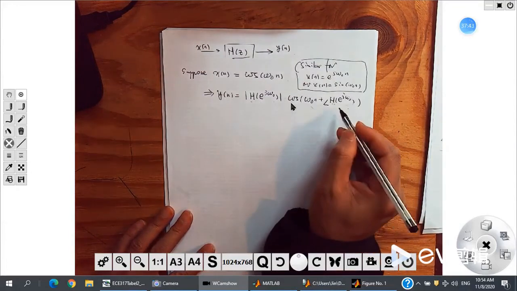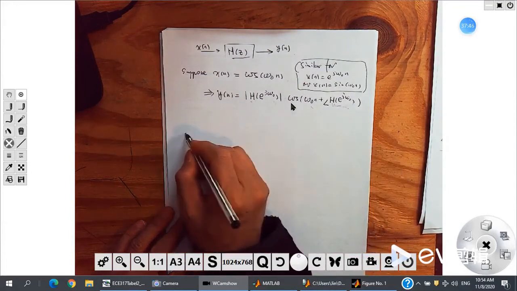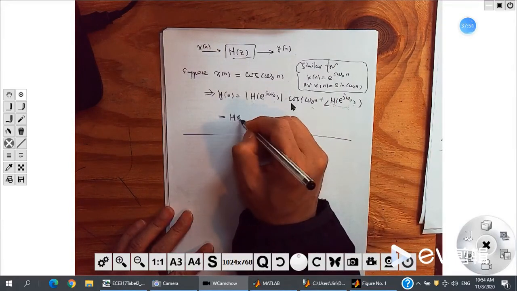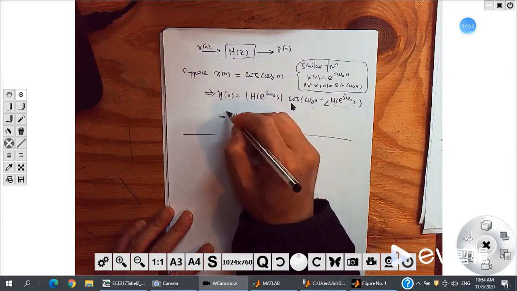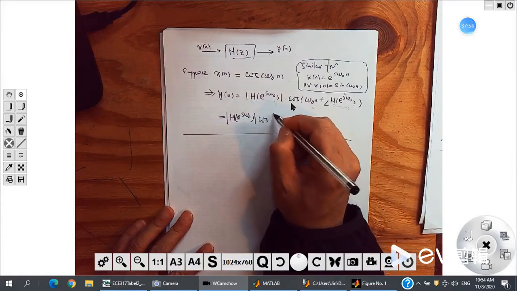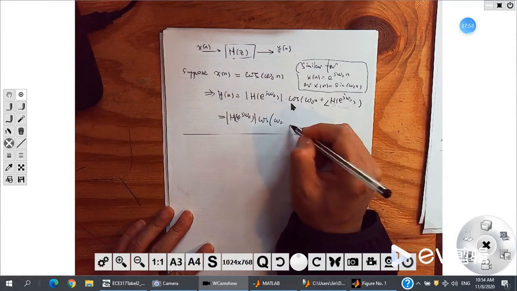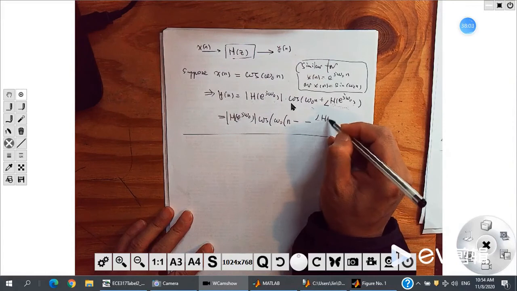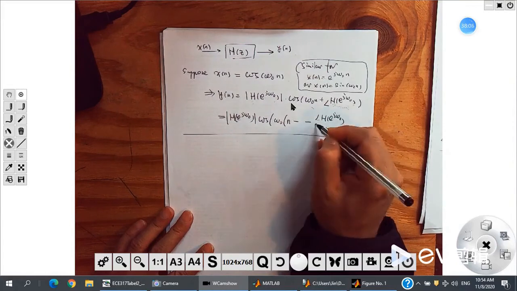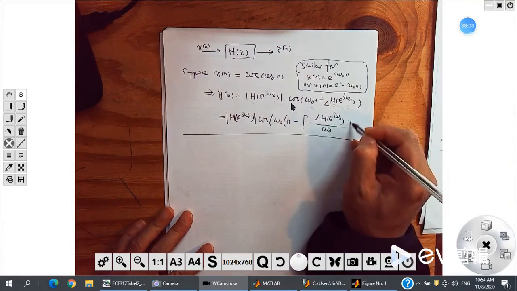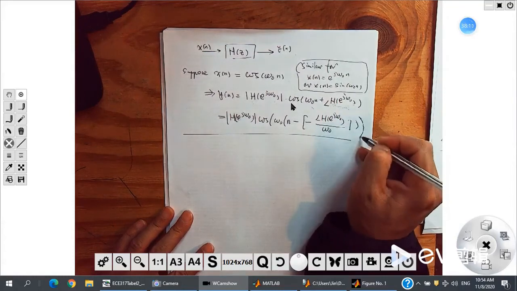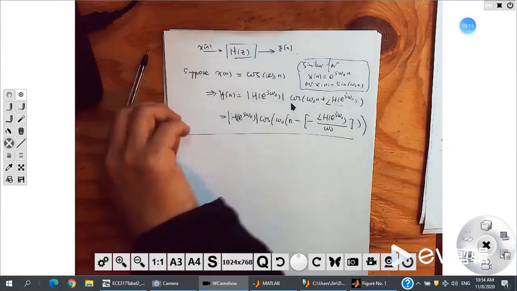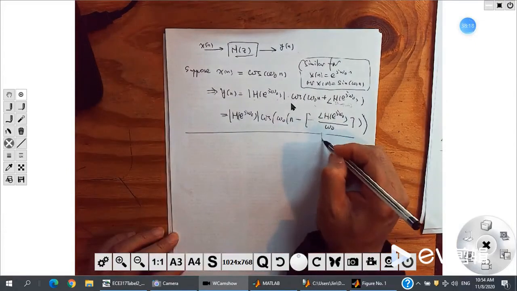This is a change in phase. Let me write one more step, I will explain it later: magnitude times cosine of ω0 times n minus the negative angle over ω0. Actually, this is a kind of delay.